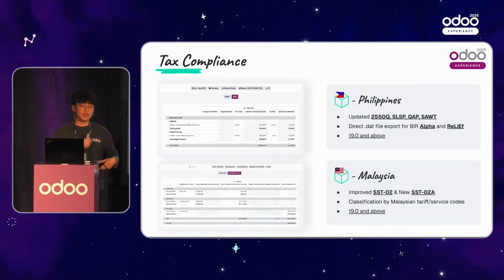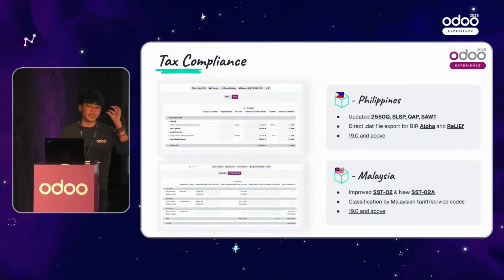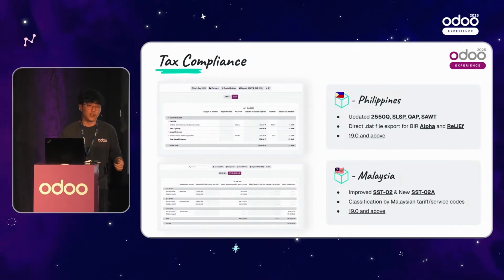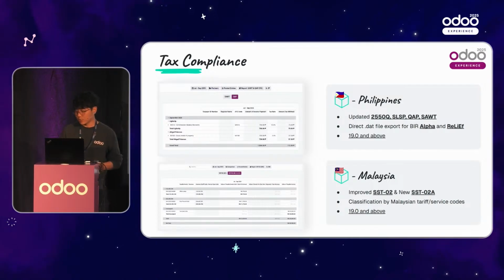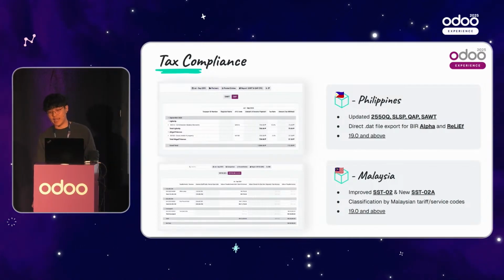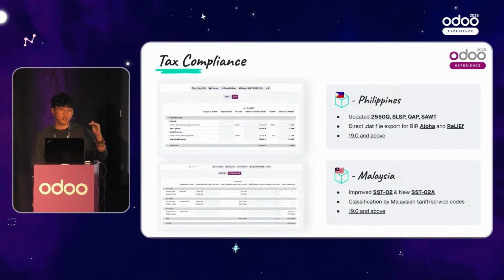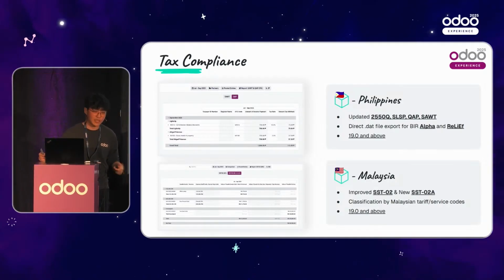But when it comes to filing SST, they don't ask for just numbers, like how much you have to pay and how much you have as a credit. They also ask for all the groups of transactions. For Malaysia, you also need to make sure it is grouped by the Malaysian tax category code, tariff code, and also the Malaysian service code.